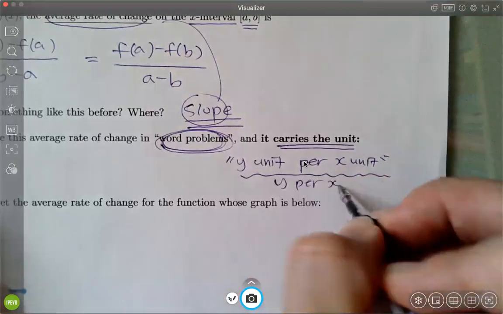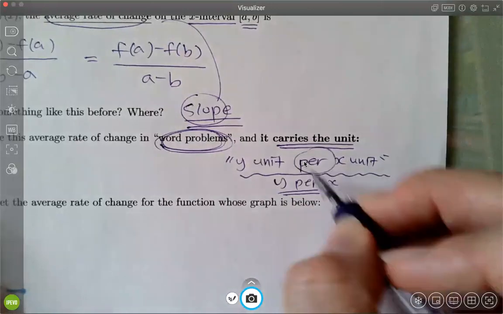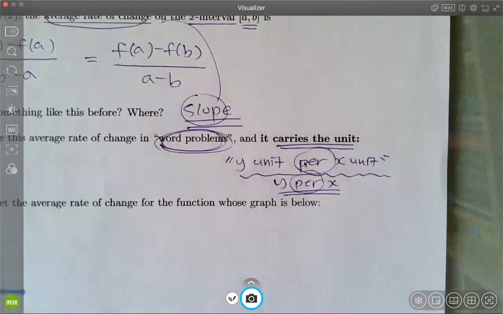Okay. And now, have you seen this something per something unit before? Yeah, it's really popular. And where do you see something per something unit in our real lives? In the car.